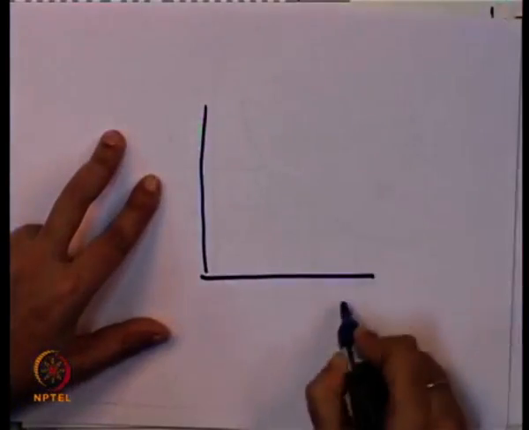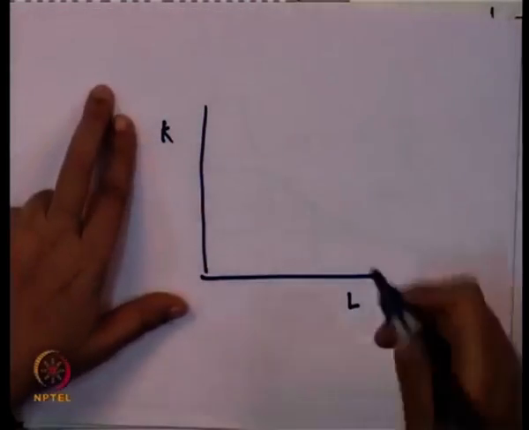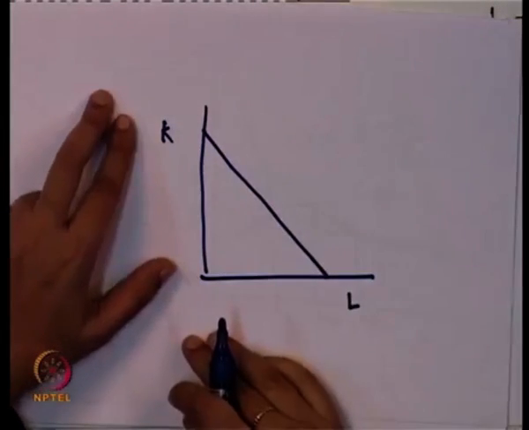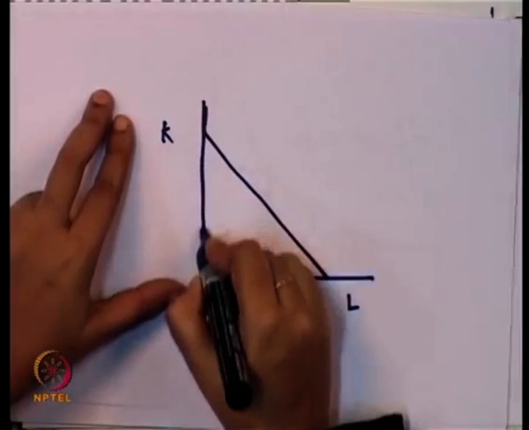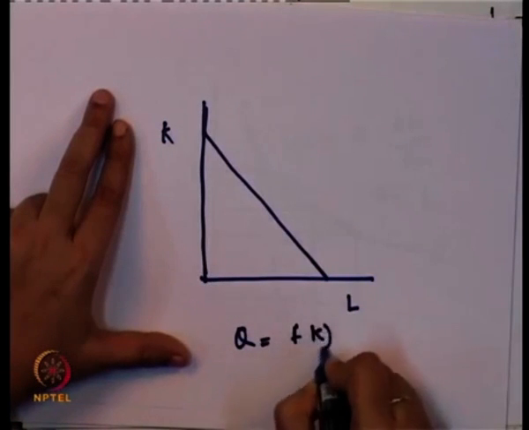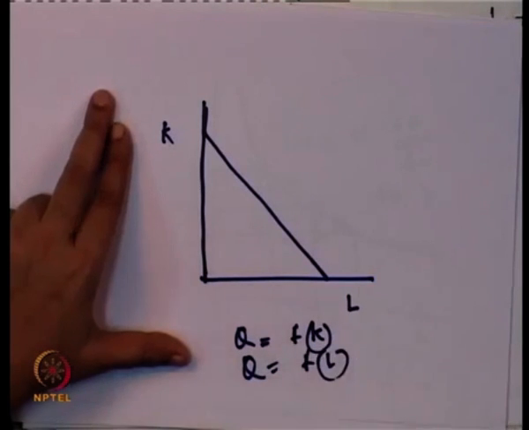Now, in which case does the isoquant follow a different kind of shape? If both the inputs are close substitutes, like labor and capital here, then the isoquant will be a downward sloping straight line which touches both the axes, because Q can be produced only with the help of capital, and Q can also be produced only with the help of labor.